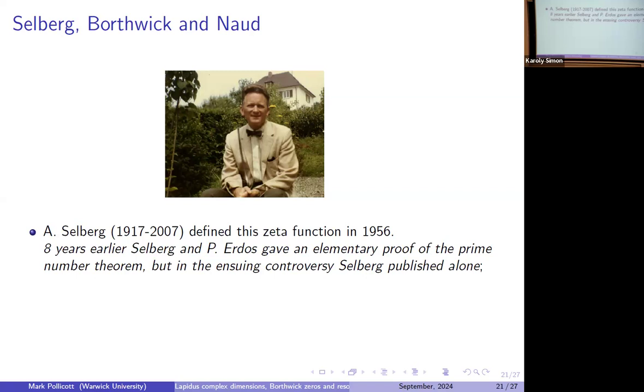But in fact, there was an elementary proof, i.e. a proof that didn't use zeta functions, which came out of the work of Selberg and Erdős. But in fact, Selberg published it and got a Fields Medal and things like that.